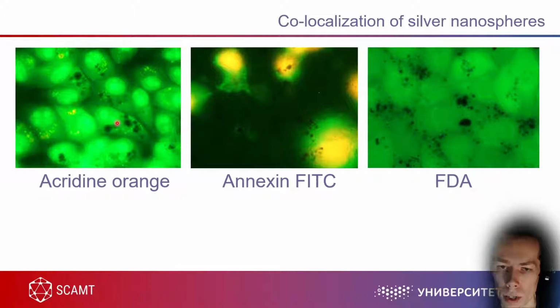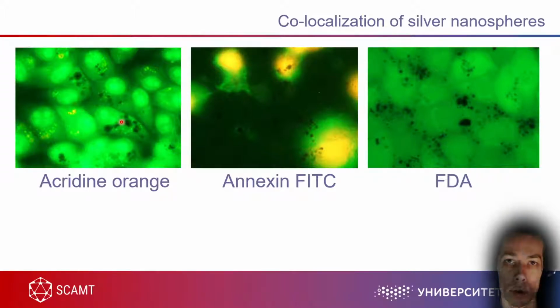So again, on the next slide will be. And if we compare, well, this one gives almost the same picture as FDA, because here you can definitely understand that just by adjusting the focus of your microscope, you will see that these nanoparticles are located in the middle of the cell.